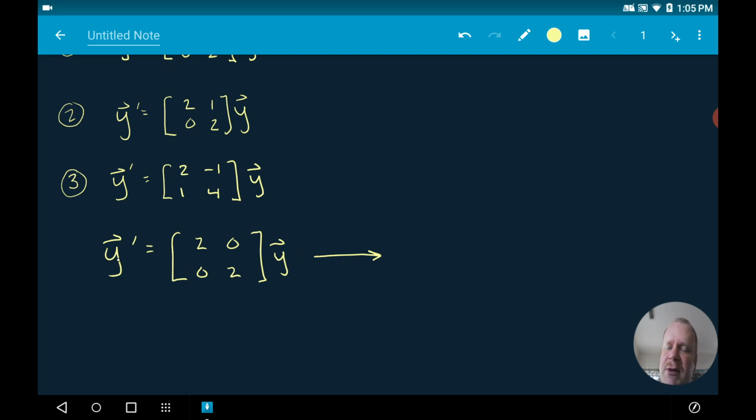If I want to convert this into system form, I have two equations, y1 prime and y2 prime, and that's going to be equal to, respectively, 2 times y1 plus 0 times y2, and 0 times y1 plus 2 times y2.